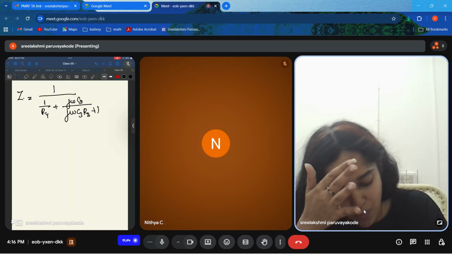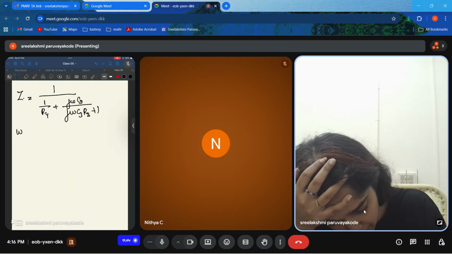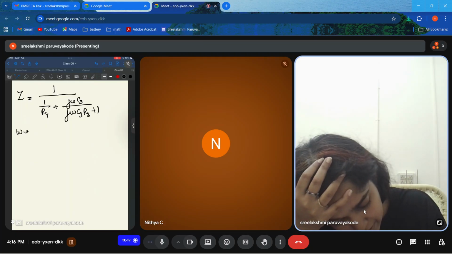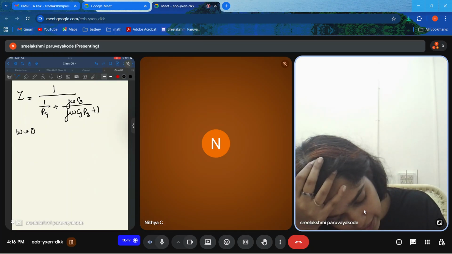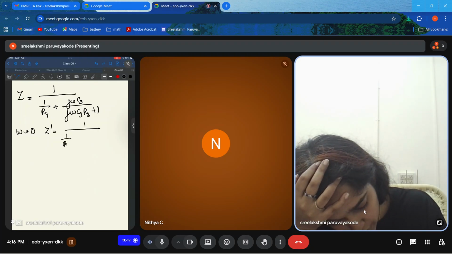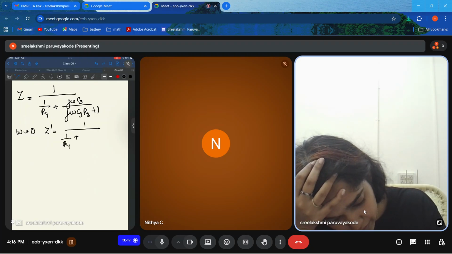Let's simplify in the sense, what will be the impedance when omega tends to 0? When omega tends to 0, how can I write the Z value? There won't be any change for R4. But this entire term becomes 0. It becomes equal to R4.